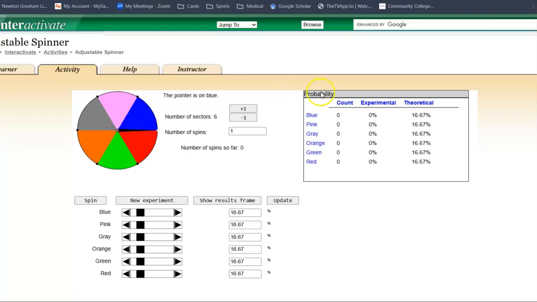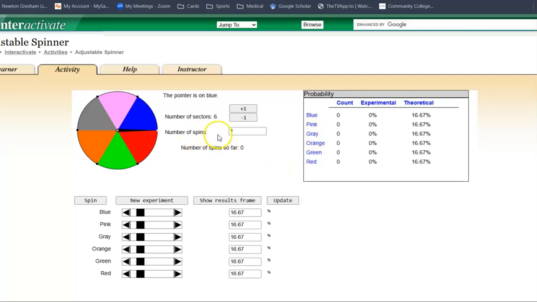It really doesn't matter which color we choose because there's an equal probability. So 16.67 is the same thing as 1/6. So let's pick blue since it's the first one. Or actually, since we're figuring out the probability of 3, we'll do 1, 2, 3. So gray will be our number 3 on our die.